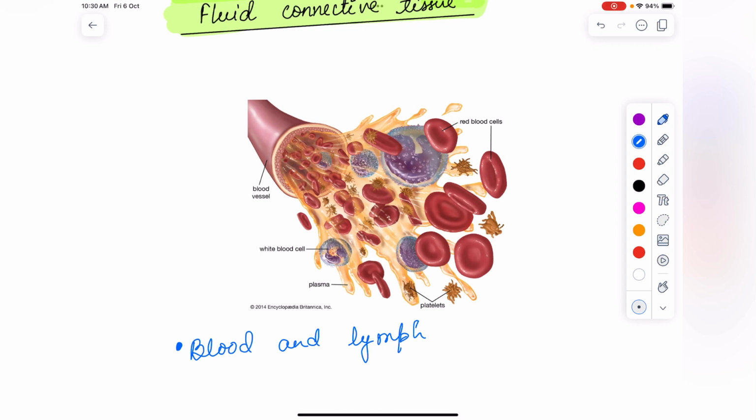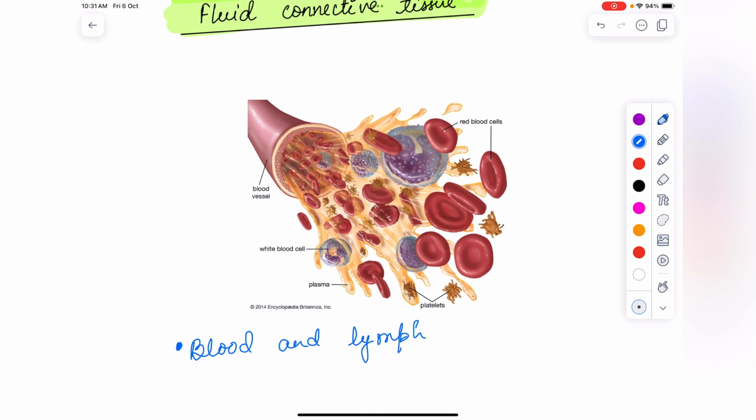Now this carbon dioxide will be carried by this RBC, and this process will be continuous. It will carry the glucose, hormones, waste products. So this is the function of blood. So it has some transport system.